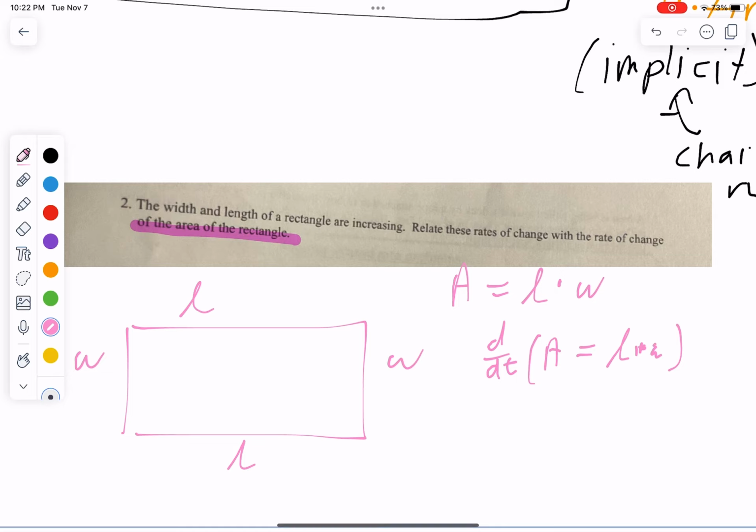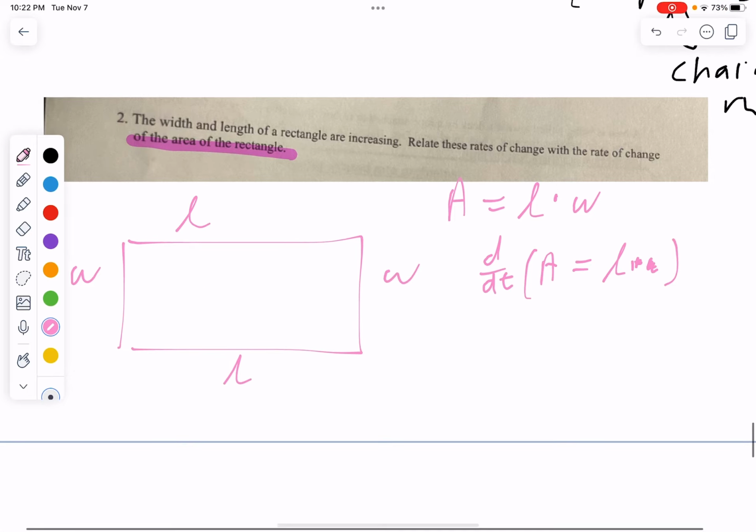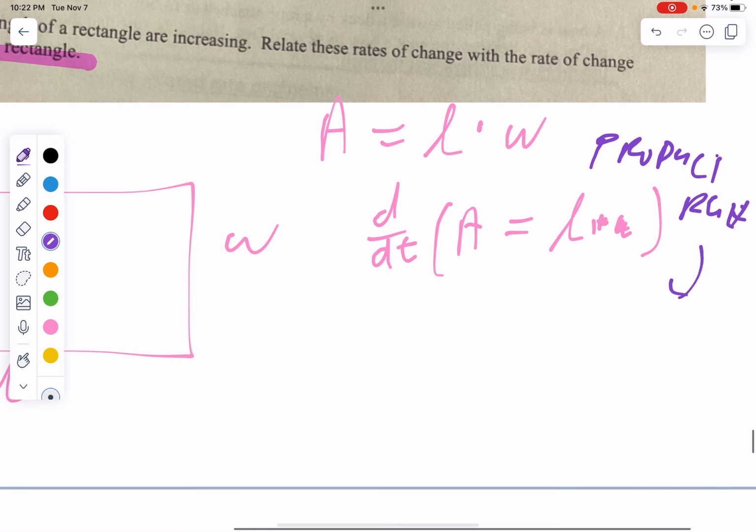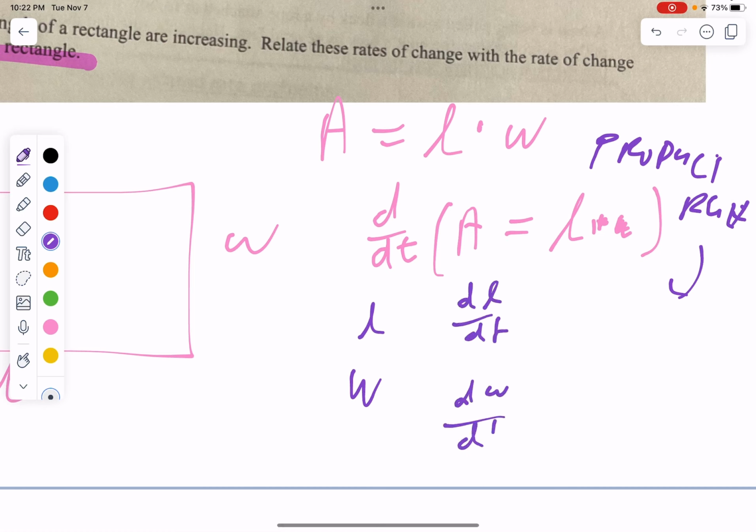When you're taking the derivative of things that are multiplied, you're going to use product rule. So let me just write this out. Product rule. We have length and width. The derivative of length is just going to be dL/dt. The derivative of width is going to be dW/dt. You multiply and add these puppies.